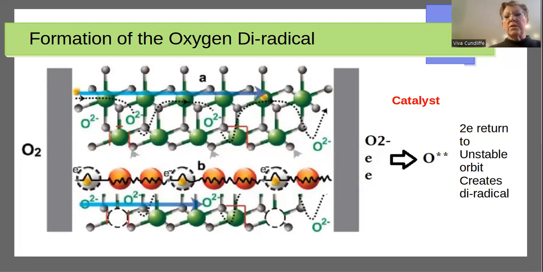Because of the catalyst that is present in our system in that specific area, the catalyst prevents the reformation of O2. Okay, so the two electrons in the unstable orbit create the diradical. And that's what we get from our system.